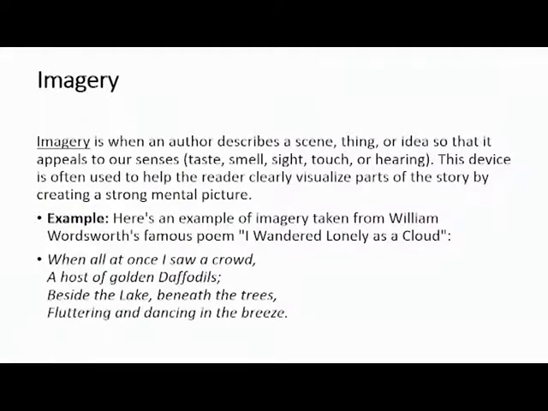And then we have imagery. Imagery is when an author describes a scene, an object or idea so that it appeals to our senses: taste, smell, sight, touch, or hearing. This device is often used to help the reader clearly visualize parts of the story by creating a strong mental picture. Whenever you are reading a novel or a poem and the writer has used imagery, what do you do?